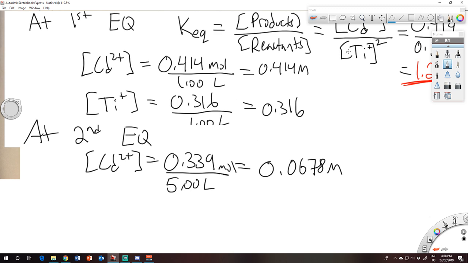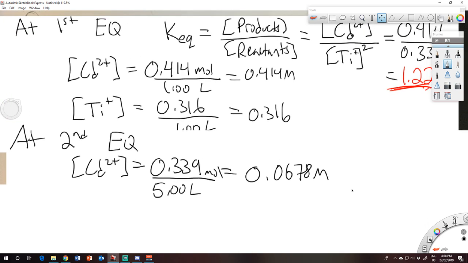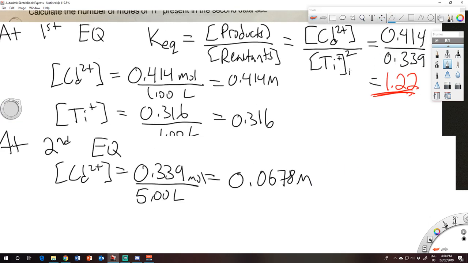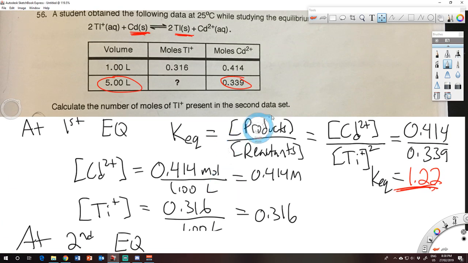Can I do anything with that? Well, I think I can, because I know that my KEQ is constant and I'm not changing the temperature, because the question explicitly tells me that I'm operating at 25 degrees Celsius.